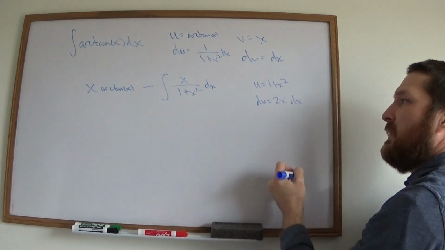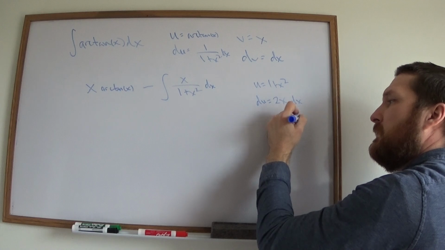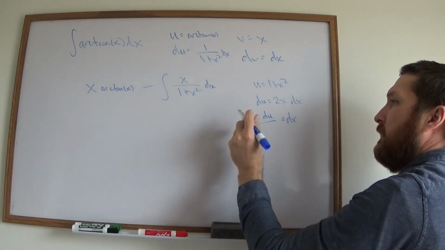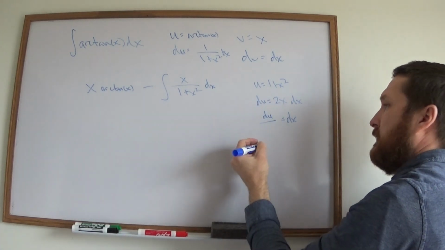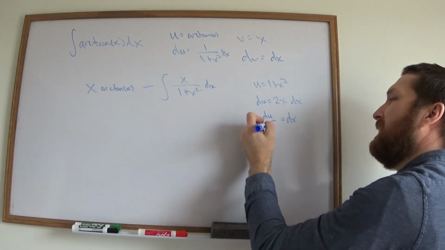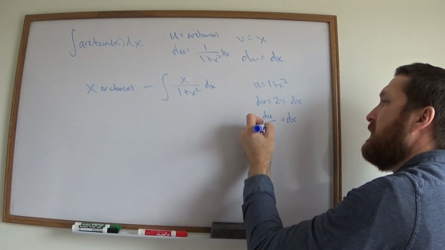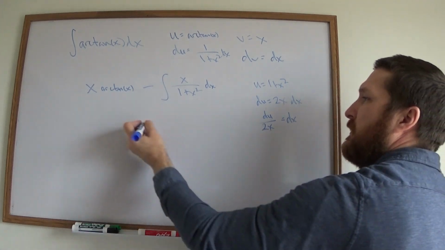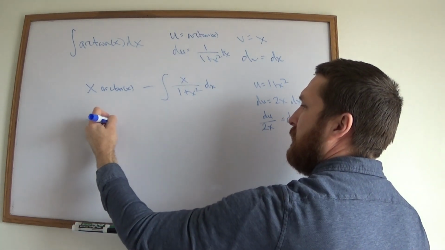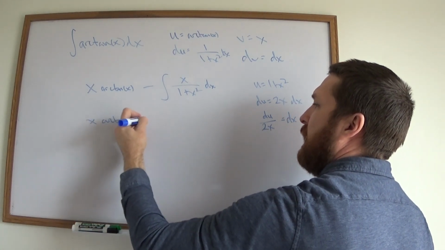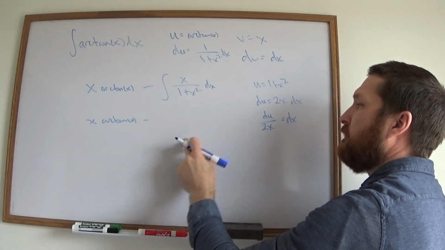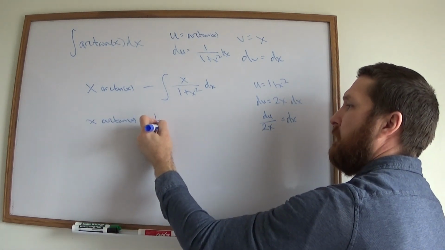Remember, just because you have a hammer in your hand does not mean that you need to use it. You could try to partial fractions that guy, but why? So du is 2x dx, so a half is going to come out.